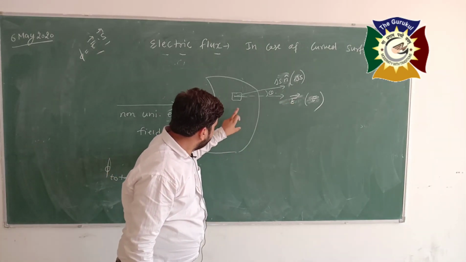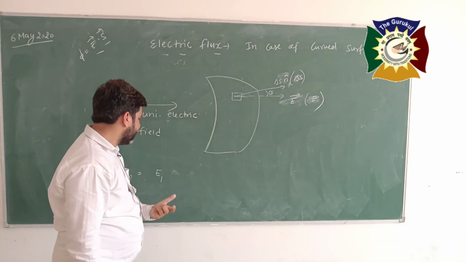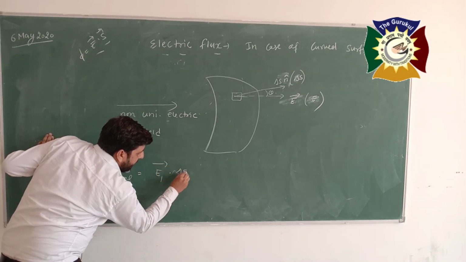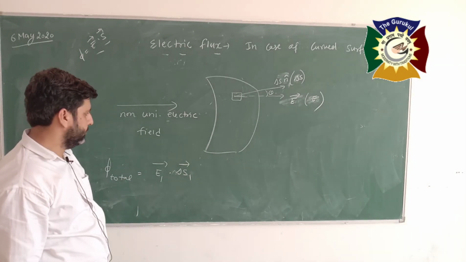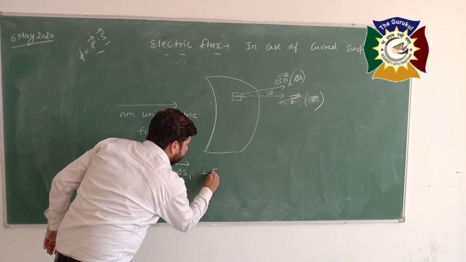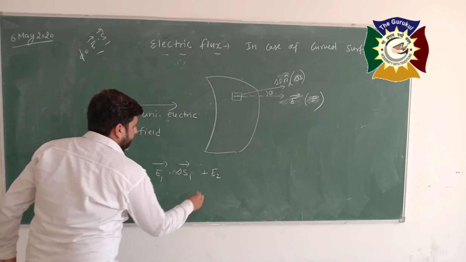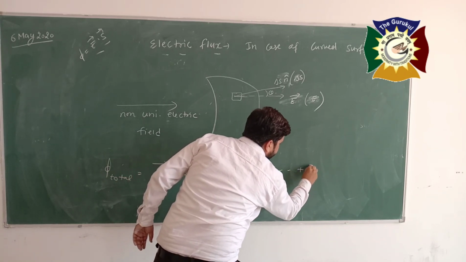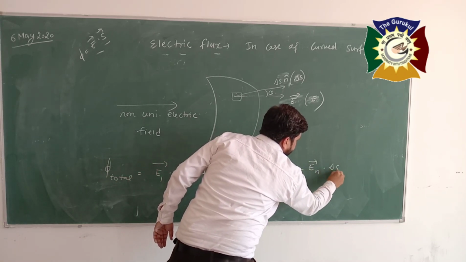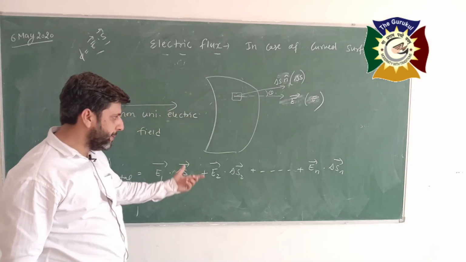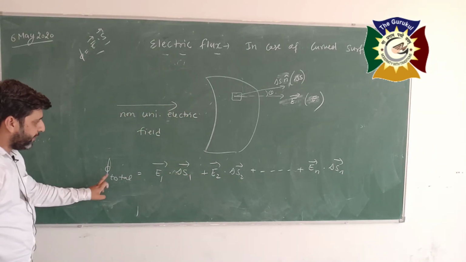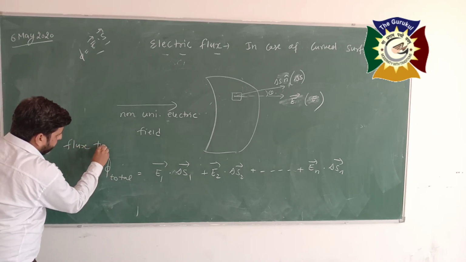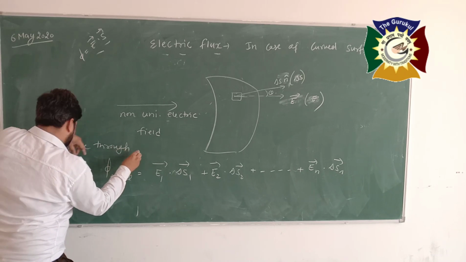Here E1, here E2, here E3 and so on, its value is different, then it will be E1 dot delta S1 vector, a small part, plus E2 dot delta S2 vector, plus En, there will be many parts. So this is phi, the flux through the whole surface.